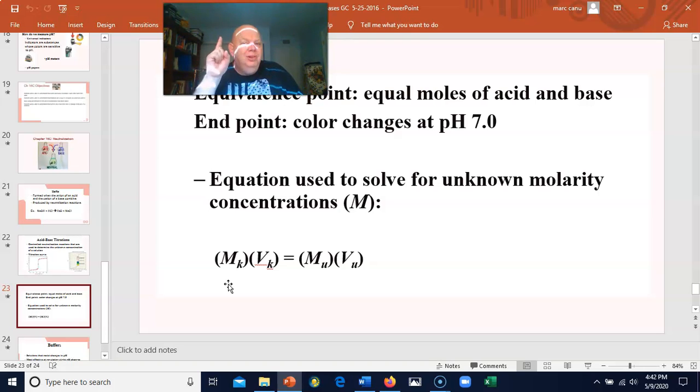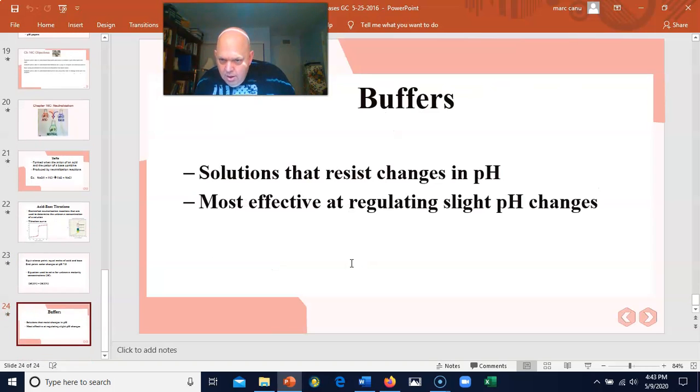If you multiply the molarity times the volume, you are left with moles. That would be your answer. So when we look at this, molarity of the acid times the volume of the acid is equal to the molarity of the base times the volume of the base. Boom. That's what we have. Okay, so spend a little more time working on that.